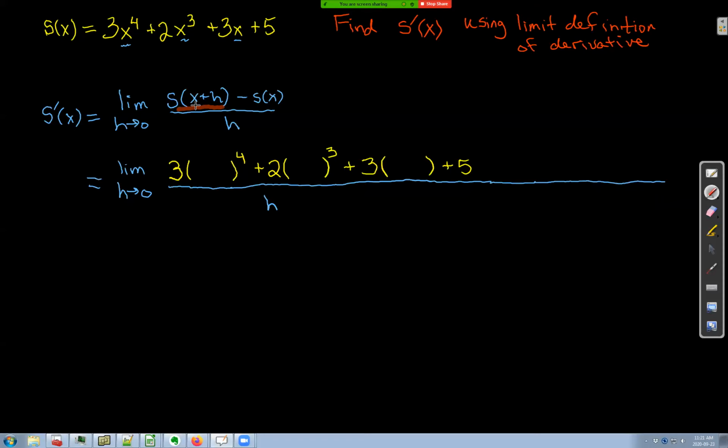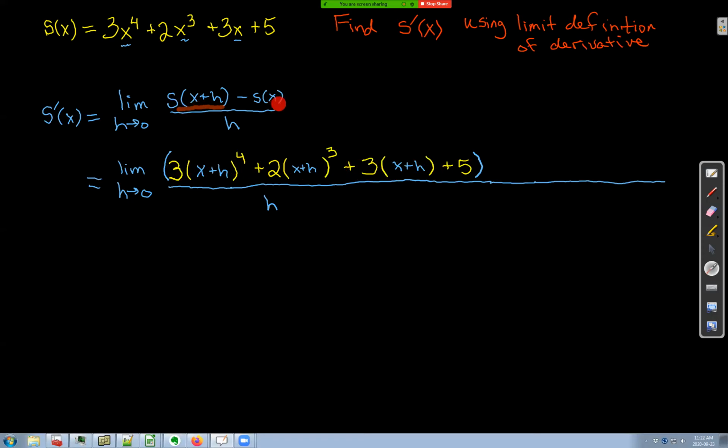Since the input is x plus h, I can put an x plus h in each blank. Maybe I'll put this in big parentheses. This big complicated thing in the blue parentheses is s of x plus h.